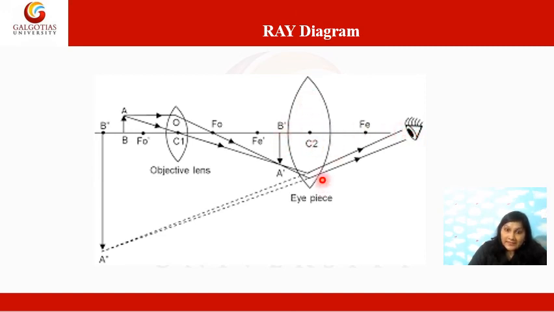Now this lens will create the image of A dash B dash behind the objective lens in a more magnified manner, and you will get a many times larger image of this AB over here, and this is how the compound microscope makes an image of smaller objects.